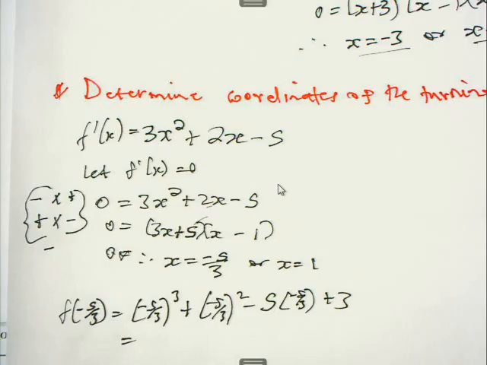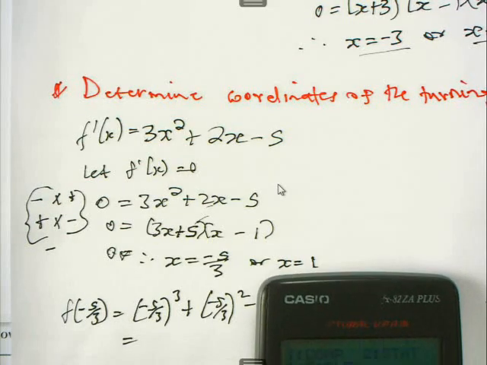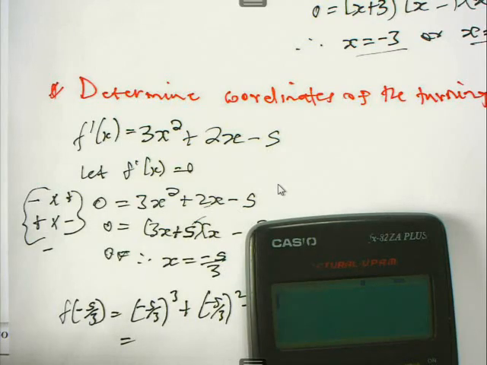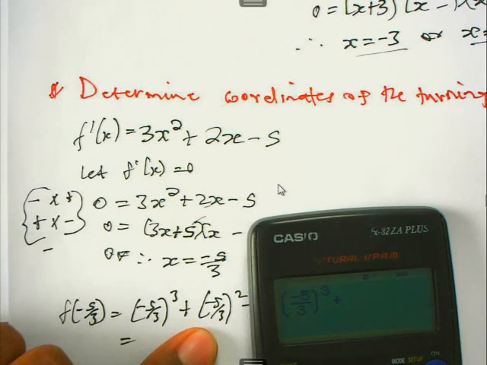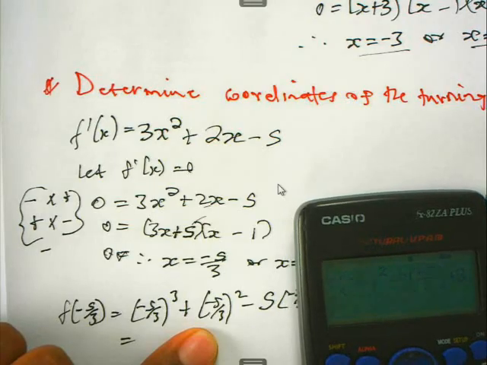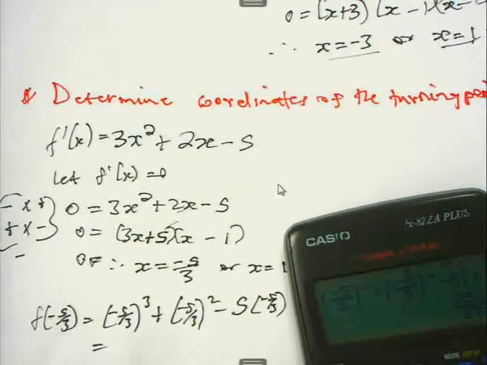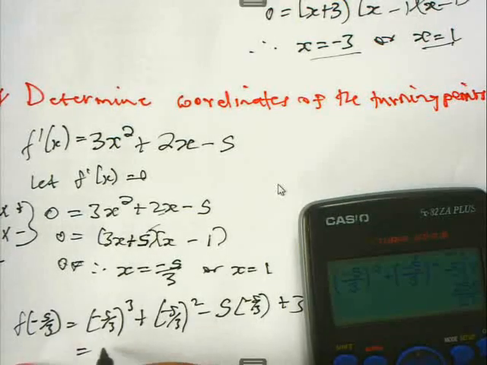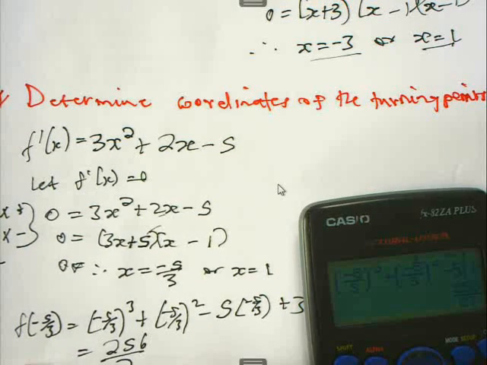Okay. And then of course, boys and girls, because I'm trying to save time, I'm going to take this one to say that will be minus 5 divided by 3 to the exponent of 3 plus minus 5 divided by 3 squared, and then minus 5 times minus 5 divided by 3, and then plus 3, and then we have 256 divided by 27.